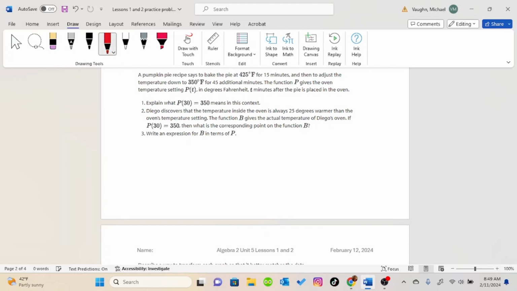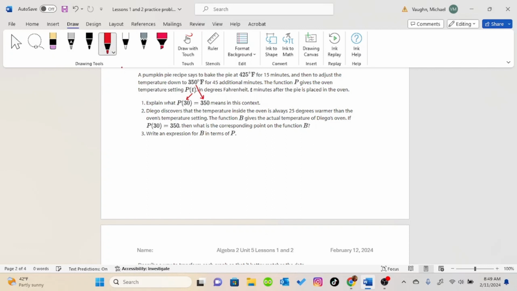Number 1. Explain what P of 30 equals 350 means in this context. Well, we can see that t is inside parentheses and t is minutes after the pie is placed in the oven. So in this case, t is 30, so this means 30 minutes. 350 would reference 350 degrees Fahrenheit.